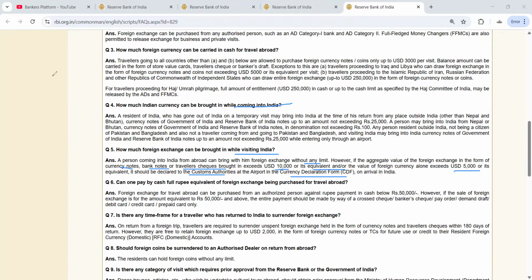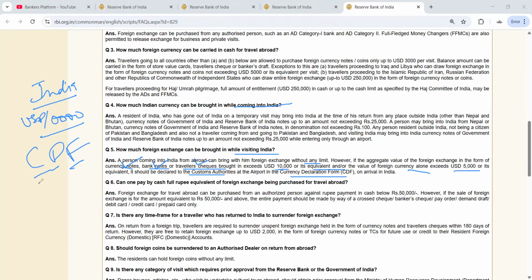So if any person is coming to India and they have more than 10,000 in foreign currency, including traveler's checks, bank notes, and foreign currency notes, and it exceeds 10,000, and the value of foreign currency alone exceeds 5,000, then they have to declare this in the CDF form.